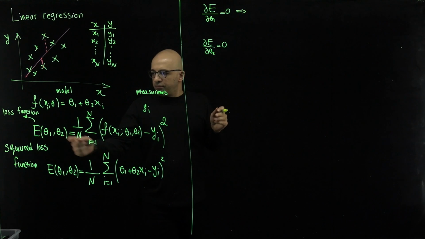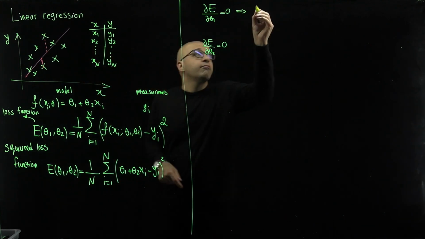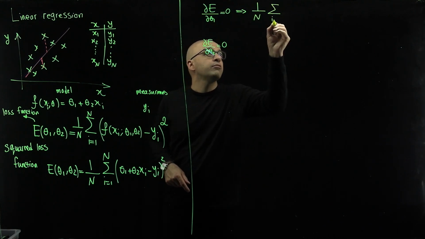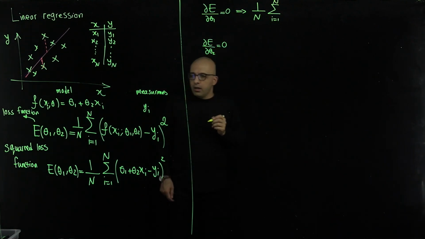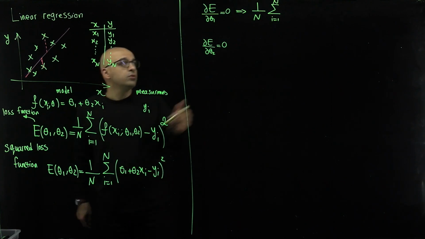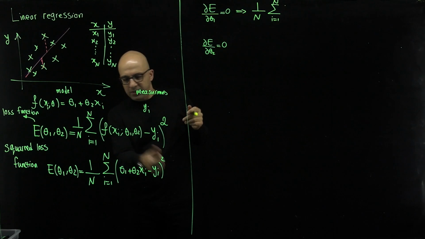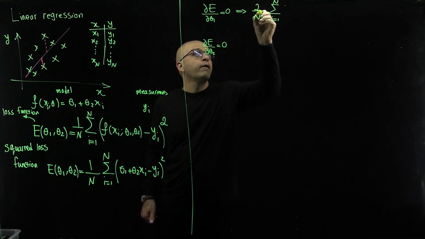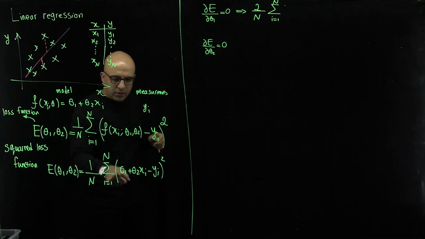So the derivative of this with respect to theta 1, I can push the derivative inside the summation. So I have 1 over n, and then the summation of i equals 1 to n. The derivative of this function with respect to theta 1 is 2, and 2 is the same for every one of these terms, so we can pull 2 out of the summation.